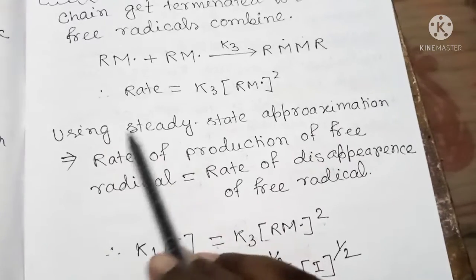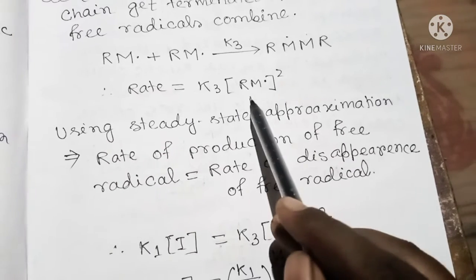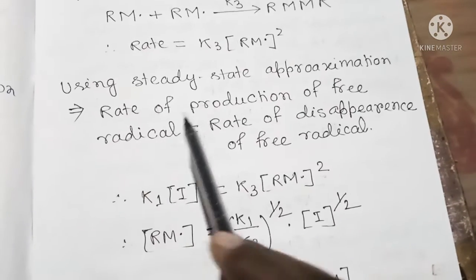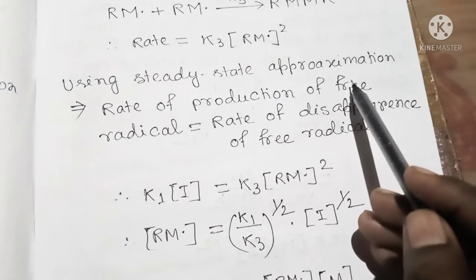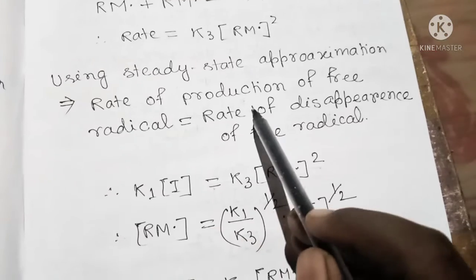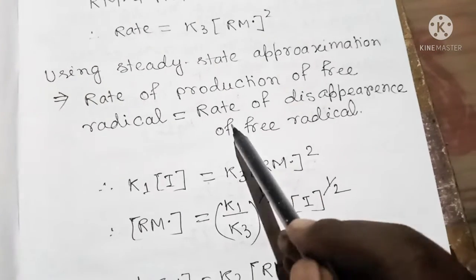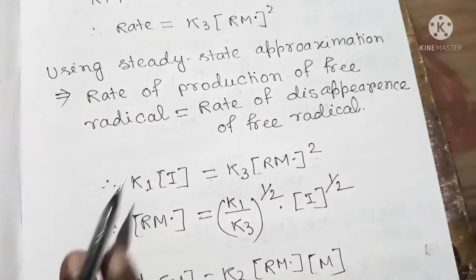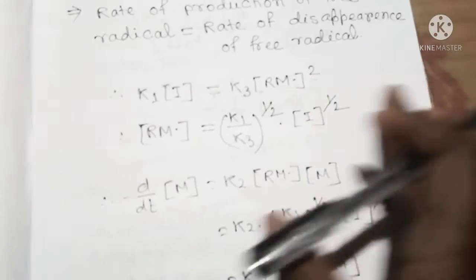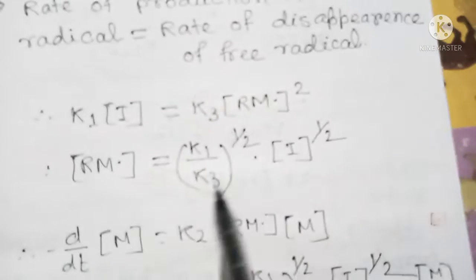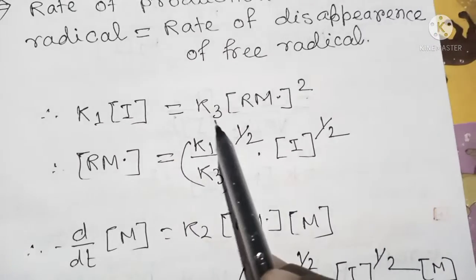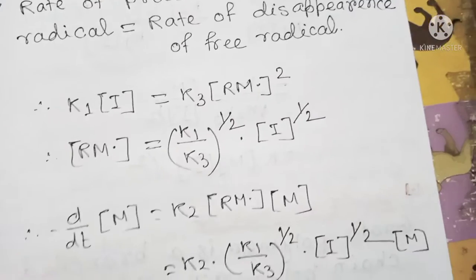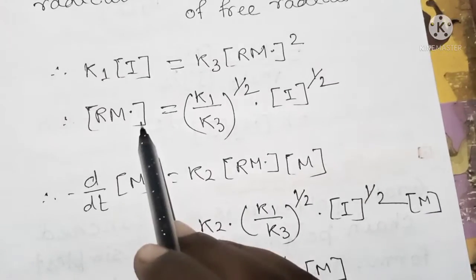Using steady state approximation, the rate of production of free radical equals the rate of disappearance of free radical. So we get K1 into [I] equal to K3 into [RM dot] squared. So the concentration of RM dot equals (K1 by K3) to the power half into the concentration of I to the power half.